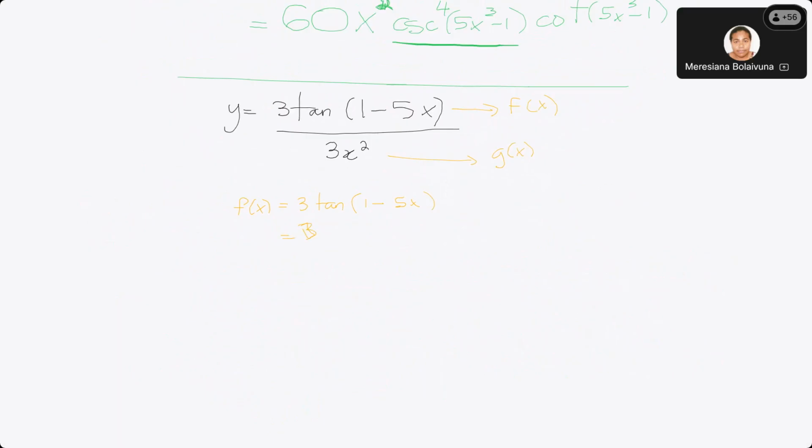Derivative of tangent is secant squared. The angle is 1 minus 5x, and we multiply by the derivative of the angle, which is -5. So that means our f dash of x is equal to -15 secant squared 1 minus 5x.